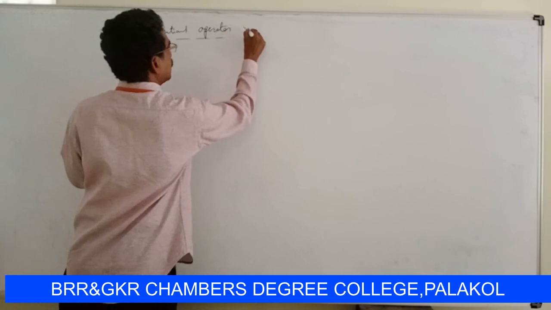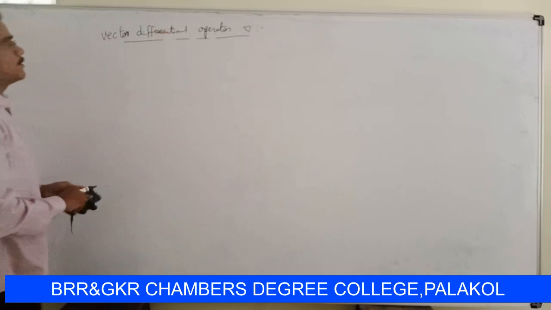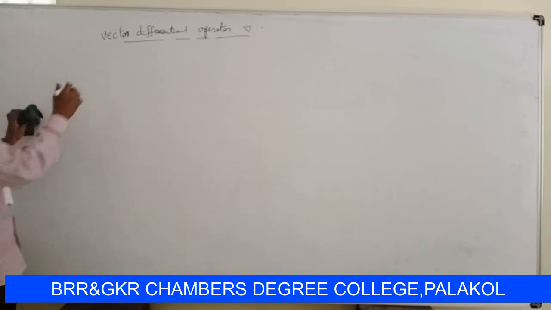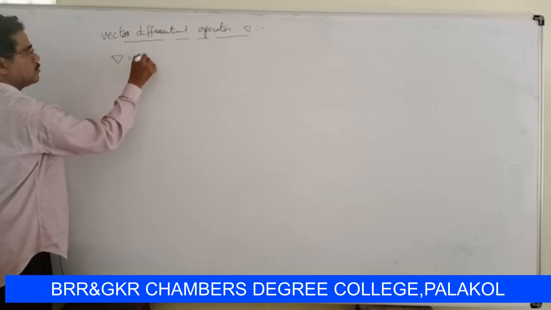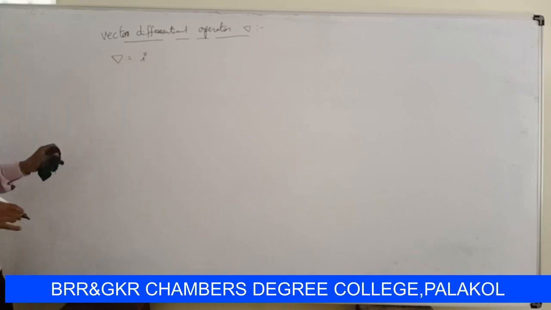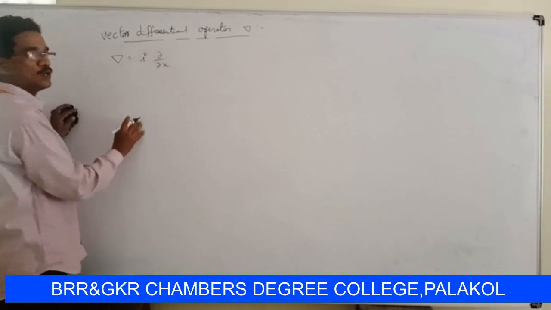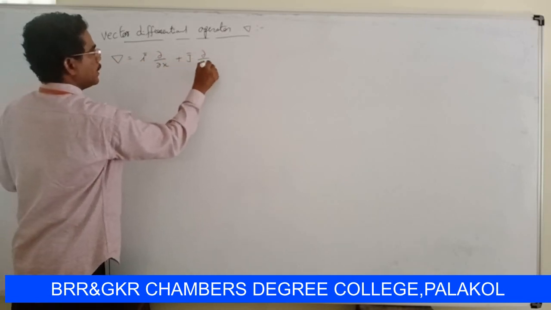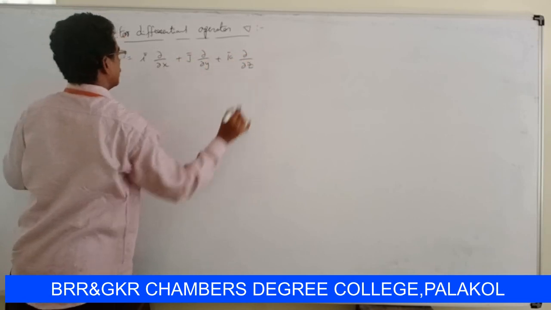This is the symbol del. Suppose the operator del equal to i dou by dou x plus j dou by dou y plus k dou by dou z.